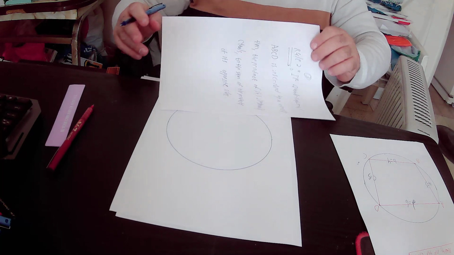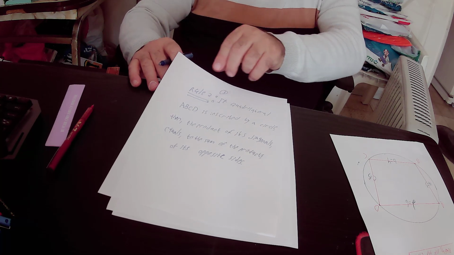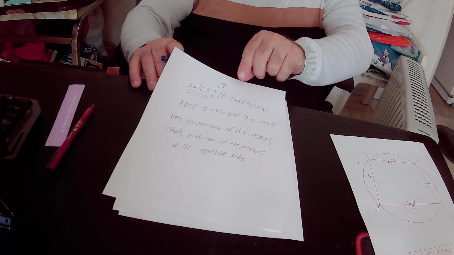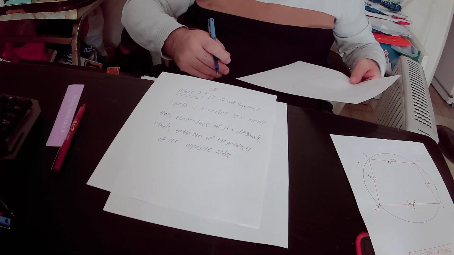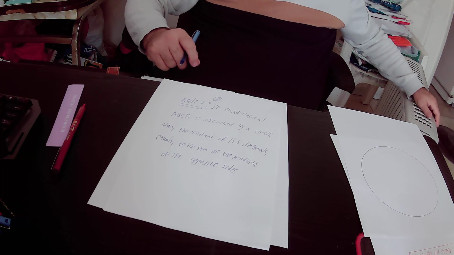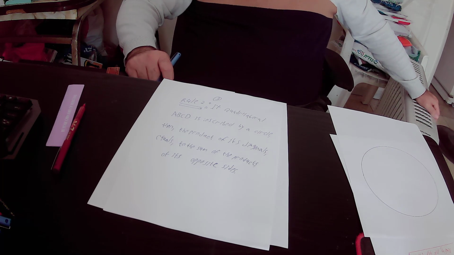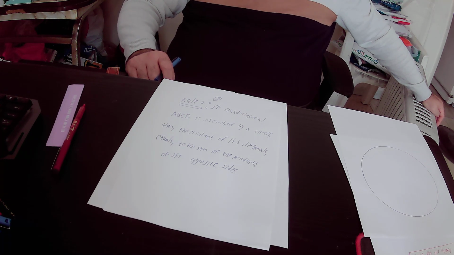So I'll repeat rule number 2 again. Rule number 2 states that if quadrilateral ABCD is inscribed by a circle, then the product of its diagonals equals the sum of the products of its opposite sides.